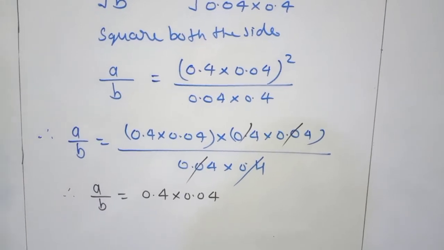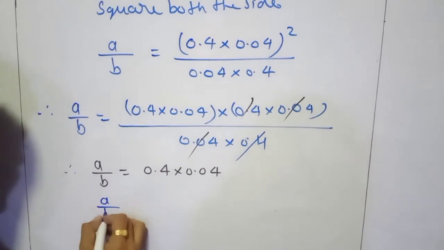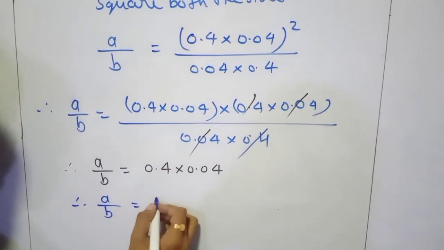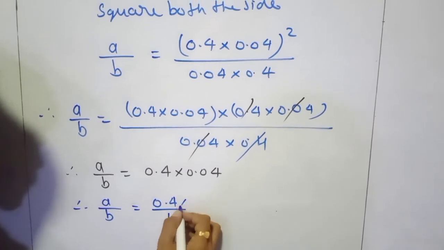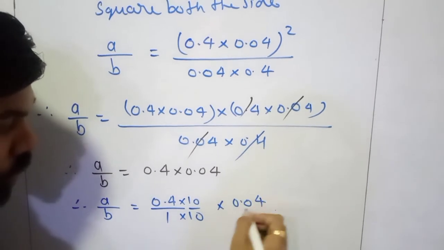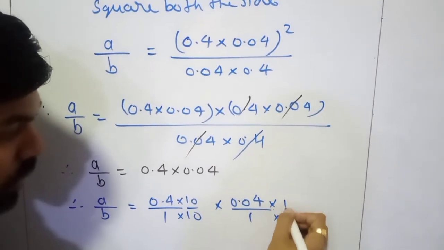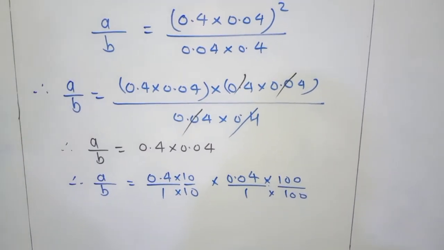So what we have to do, we want to remove this decimal. So can we write, therefore a upon b is equal to 0.4 upon 1, multiplied with 10, into 0.04 upon 1, multiplied with 100, because we want to remove that decimal point.